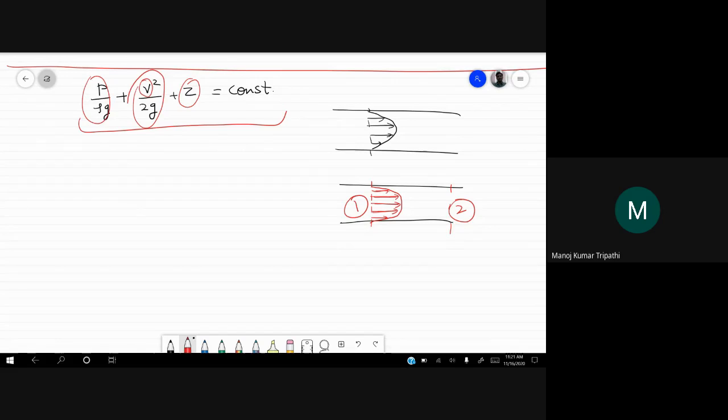This is V, and pressure we are assuming is same at the entire cross section, and we are assuming that the pipe is so thin that within a cross section the height differences don't matter. Okay, so the only height differences that matter are these two. This difference in height. If it is an inclined pipe and this is z equal to 0, this is z equal to 0. That's it.